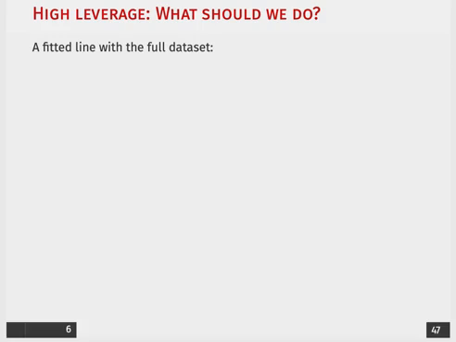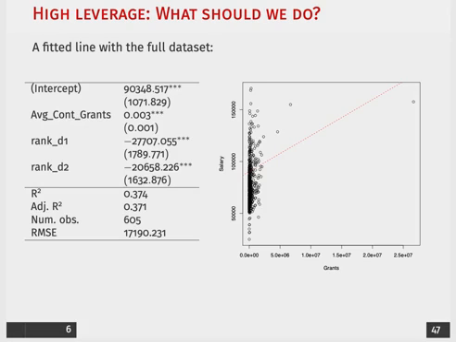So if we think that an observation may have high leverage or be influential in the way that we construct our fitted or regression line, i.e. the estimated coefficients that we have for the estimated relationship of the true underlying relationship, then maybe a good starting point is to check how the fitted line changes based on whether or not we include that observation.